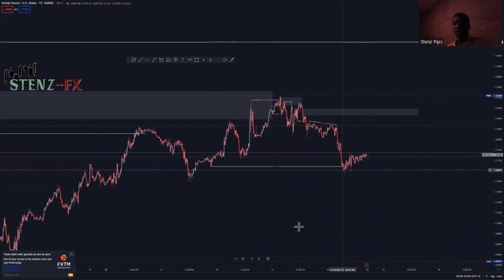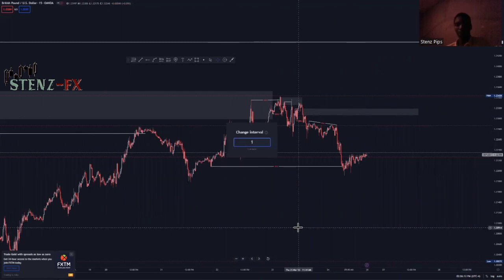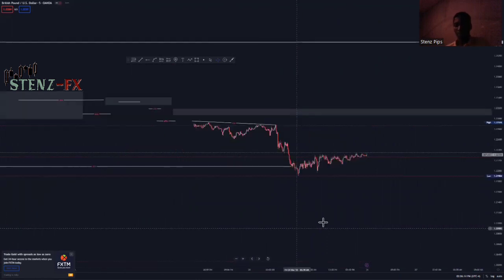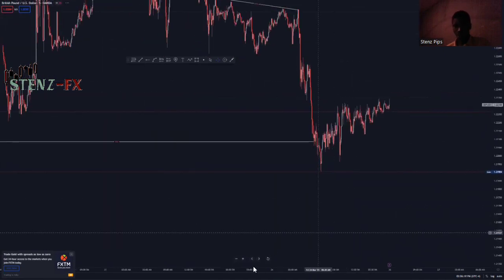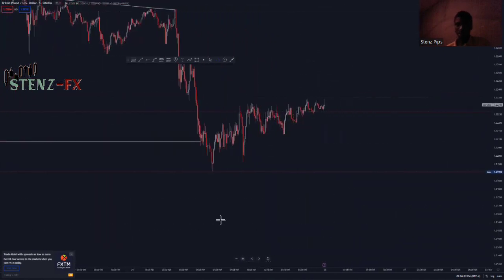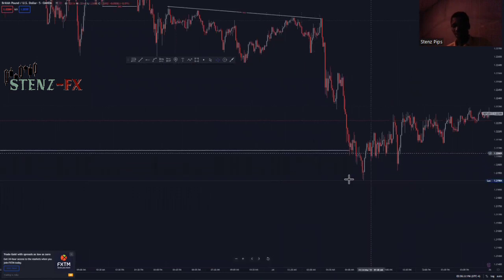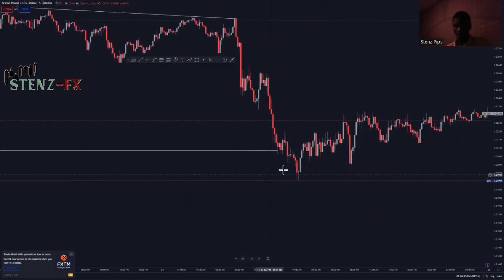Also, I took this buy here. Let me show you my 5 minutes. You see, DXY, I saw DXY broke a high, then immediately I came and saw this one broke low. So this break of low here, and immediately it moves up to cut this high.